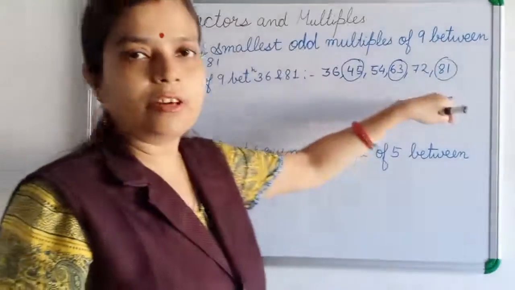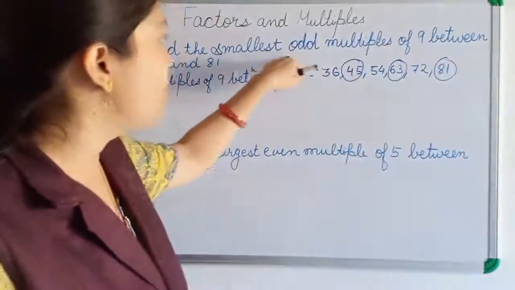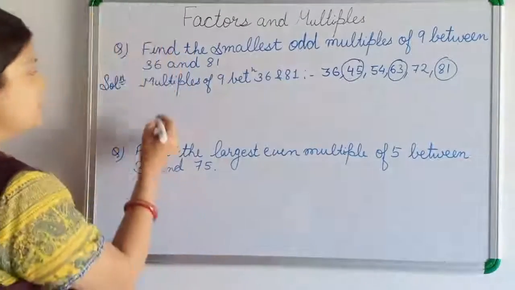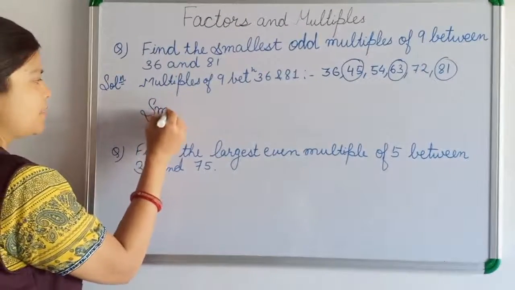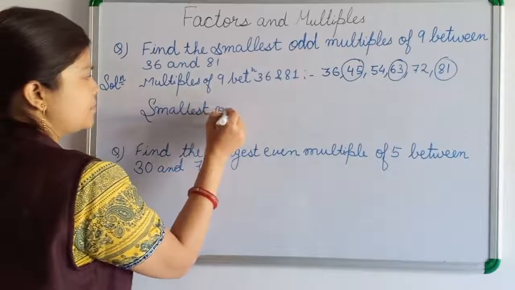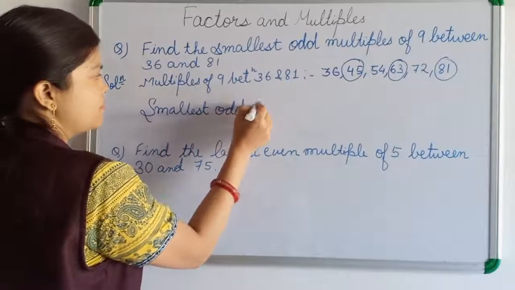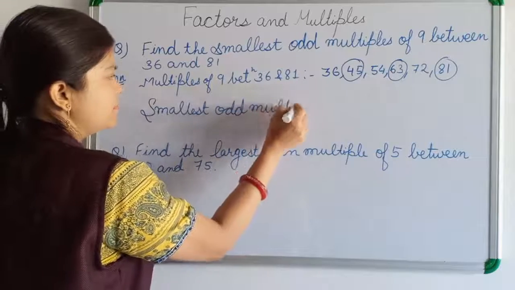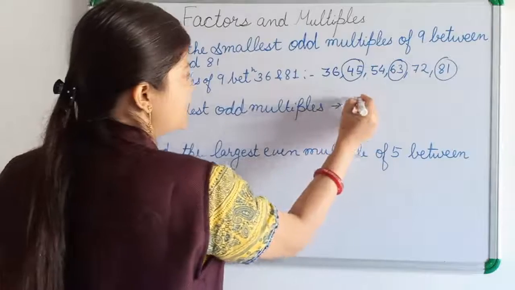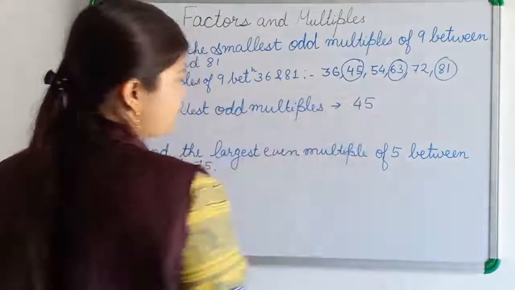So these are the odd multiples. Now it is asking smallest one. So smallest one is 45. So smallest odd multiple is 45.